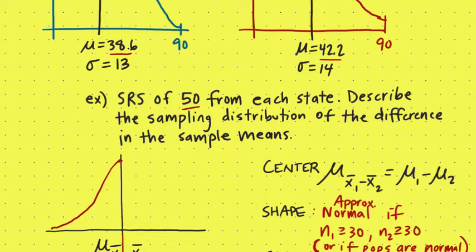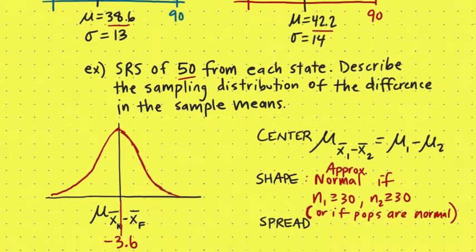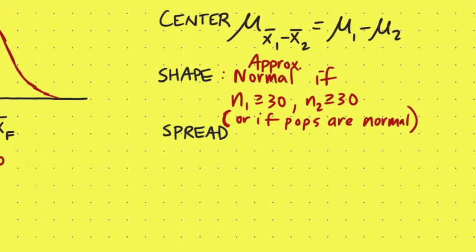What about the standard deviation of my new curve that is made by mean minus mean? Okay, this is kind of a crazy looking formula, but it's not so bad. It's probably not as bad as the one for proportions. Sigma sub x bar 1 minus x bar 2. Of all of the different ways that we could take two samples and subtract them and add to this graph, what is the spread?